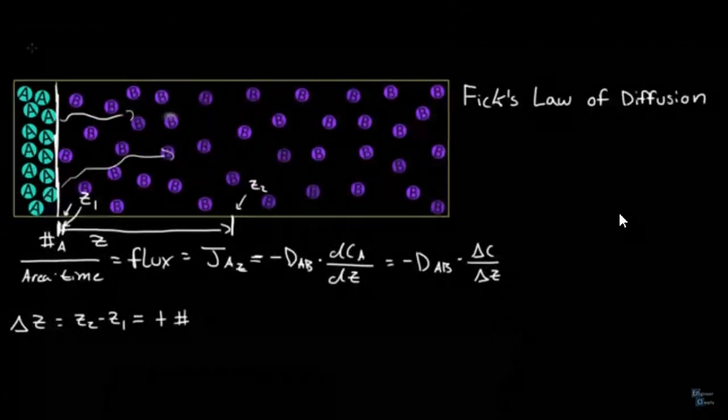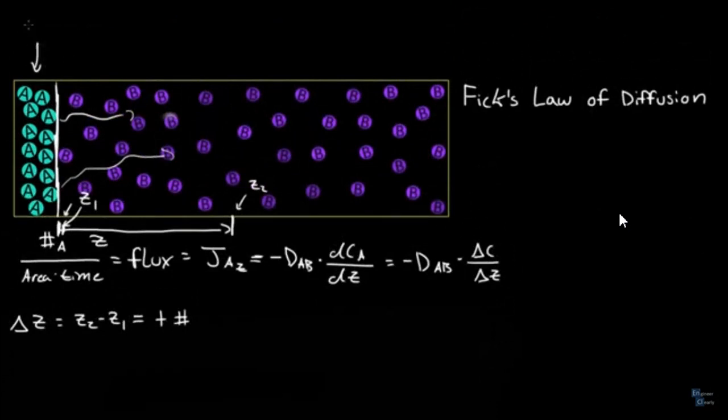Well, DC means, well, C is just a concentration. So A is in a high concentration, and it's going to a low concentration. So we'll call this C1 and C2.